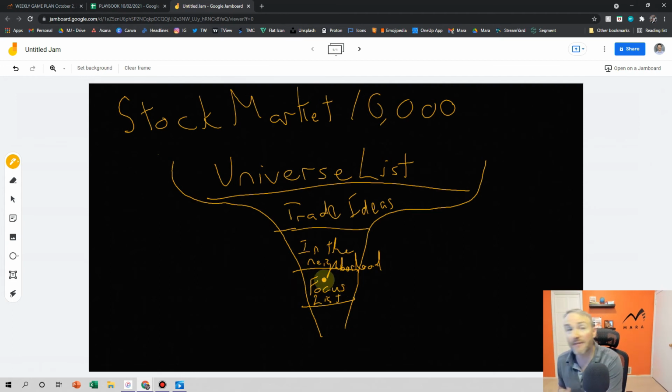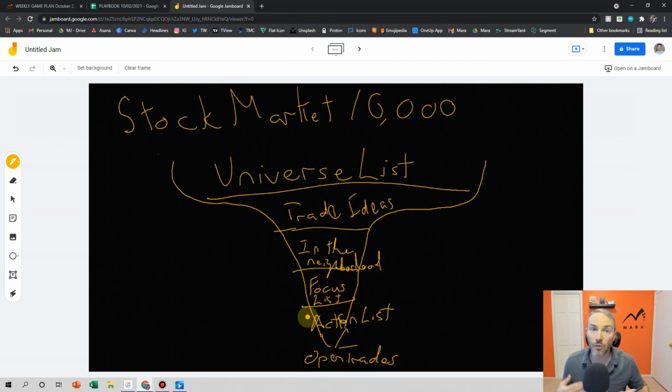Then after I find the best of the best from this focus list, that's going to make my action list. And the stocks that trigger from the action list are the ones that get onto my open trades, because not everything from the action list will actually trigger an entry.